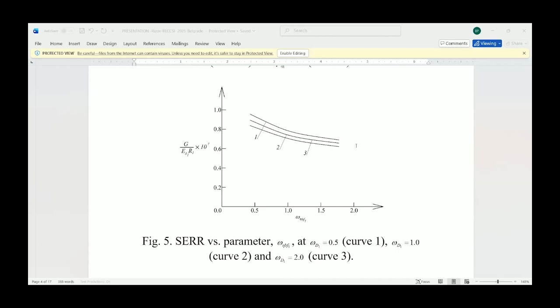Reduction in the strain energy release rate resulting from increasing the values of omega eta bf1 and omega d1, which can be seen in figure number 5, means that increasing of the values of these parameters across the thickness of layer 1 leads to an improvement in the delamination behavior of the moving rod.